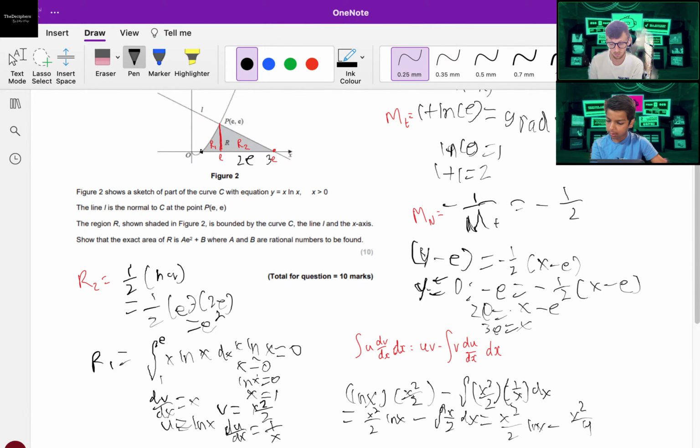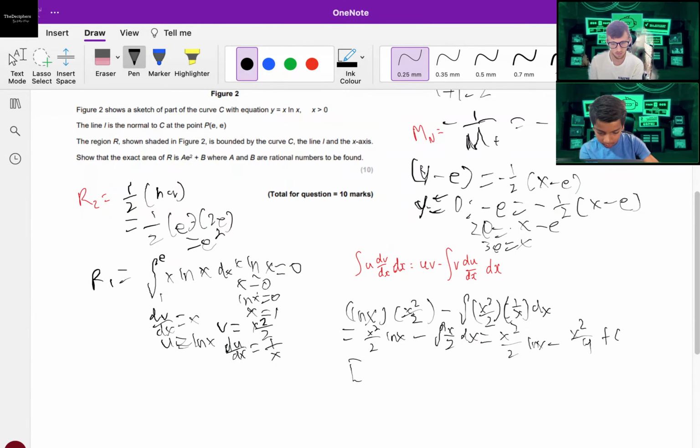So, and then we just need to find the area between 1 and e. Also the plus c, but because that was the indefinite one, now we're doing x squared into ln x minus x squared in 4 between 1 and e.